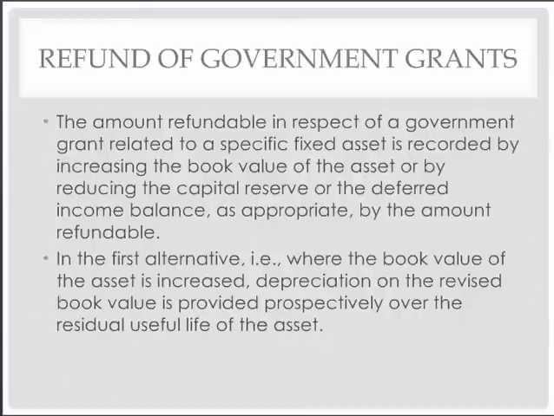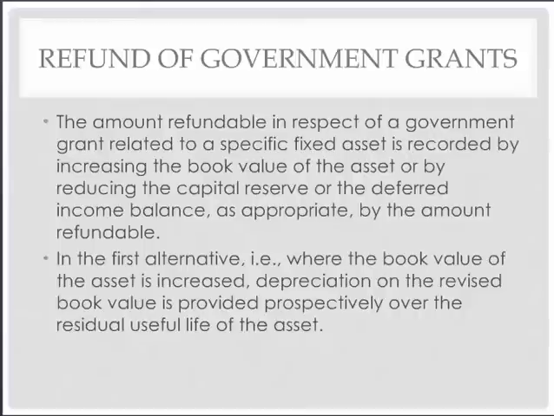Now if the government asks you to refund 8 lakh rupees, you will increase the cost of fixed assets by 8 lakh rupees and depreciate on the higher amount. This depreciation will be calculated prospectively. Prospectively means from now on, you will revise the depreciation charge.